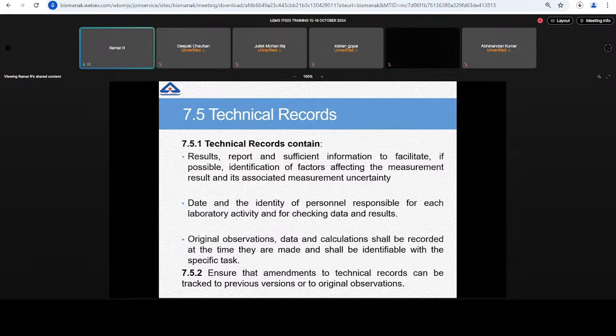Everything must be retained. The reason is that it may be audited during accreditation or assessment, when people come to visit and verify the documents or records, or your customer may also come and verify the records, or sometimes there may be legal issues, a legal battle.